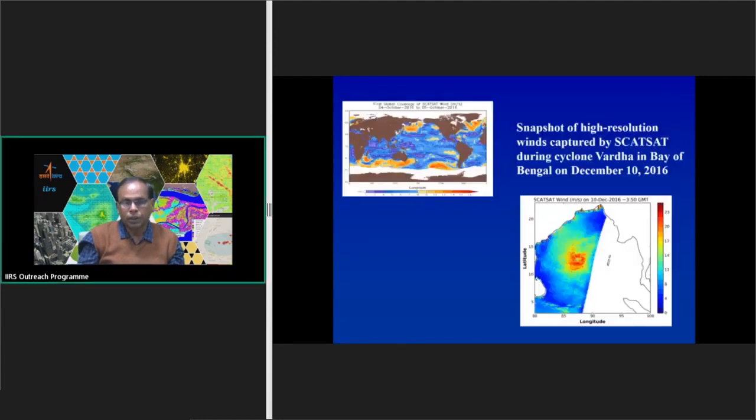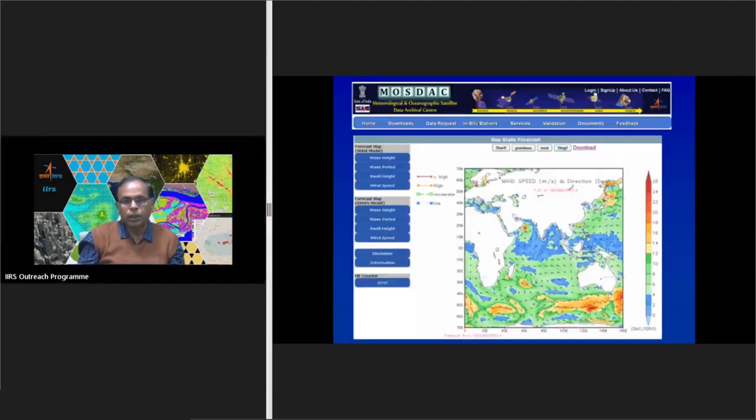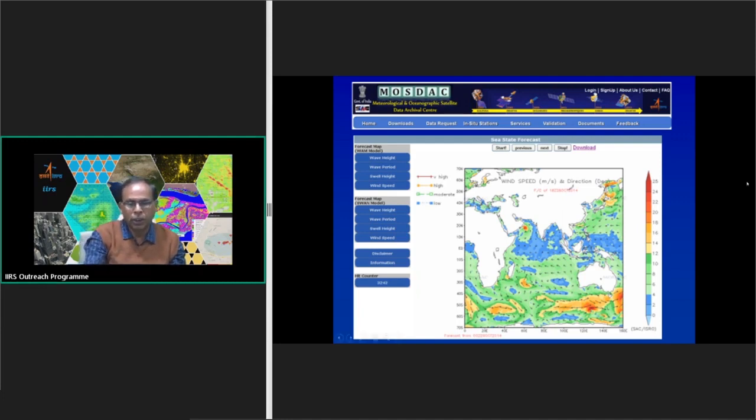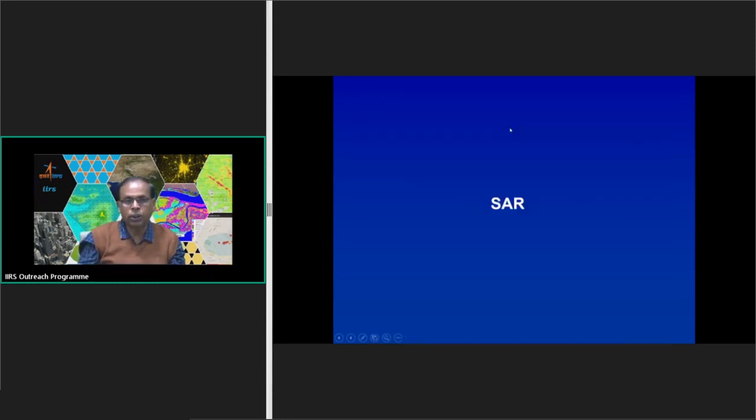And these are snapshots of high resolution winds captured by SCATSAT during cyclone Vardah in the Bay of Bengal. Some of the oceanic wind speed products, or sea state products, are available on the MOSDAC website. You can explore through it.